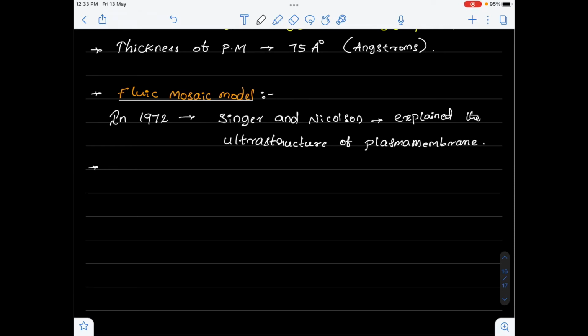According to this fluid mosaic model, protein molecules are sandwiched in between lipid bilayer.